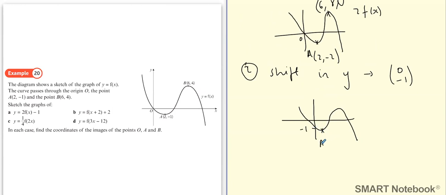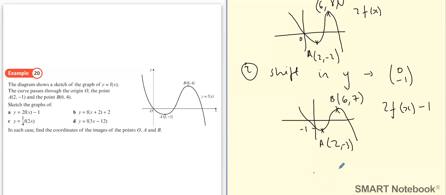A now has gone to (2, -3). And B has gone to (6, 7). Are you happy with that? Any questions there? Okay, so that's what you should have done for part A. So this is 2f of x minus 1.